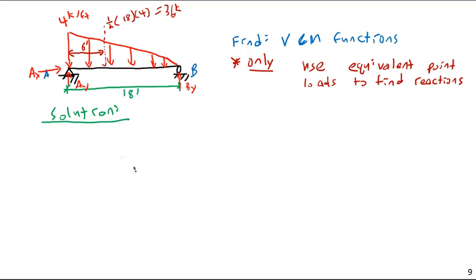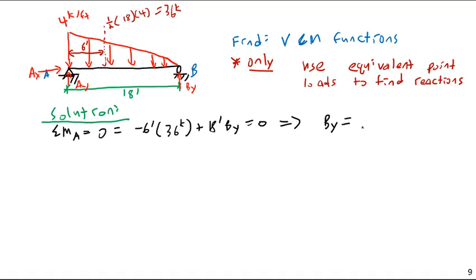I think I have enough time for this. So let me do the sum of moments about A equal to 0. And this is going to be equal to negative 6 feet times 36 kips plus 18 feet times By equals 0. And this leads us inexorably to By equal to 12 kips upward.